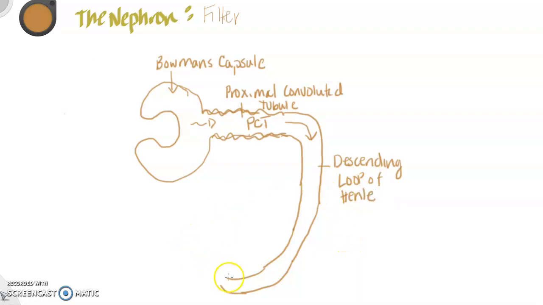Okay, it will come around and take a hairpin turn and come up. And this part that comes up, that's ascending, is called the ascending loop of Henle.